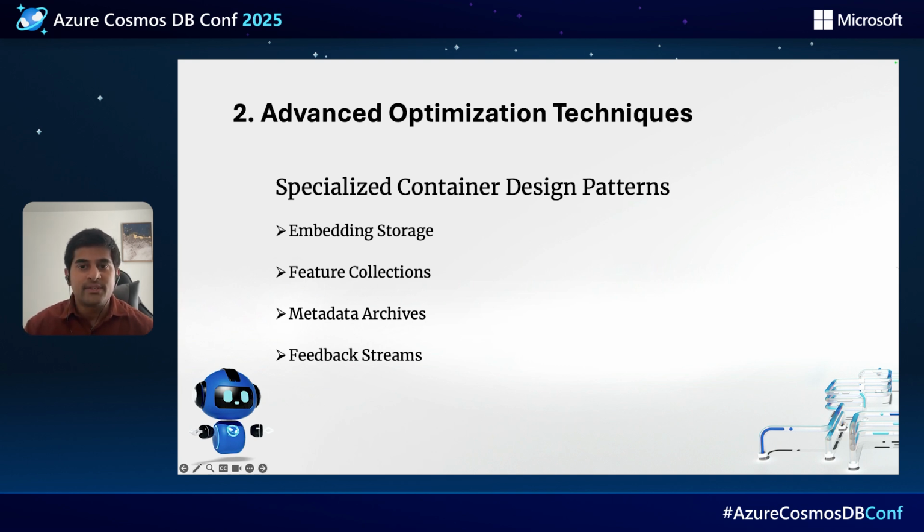In feature collections, structured data is used in AI models for predictions and training. In metadata archives, training parameters and experimental results are used for tracking all the models. And in the feedback stream, user interactions and real-time feedback help improve the model over time.